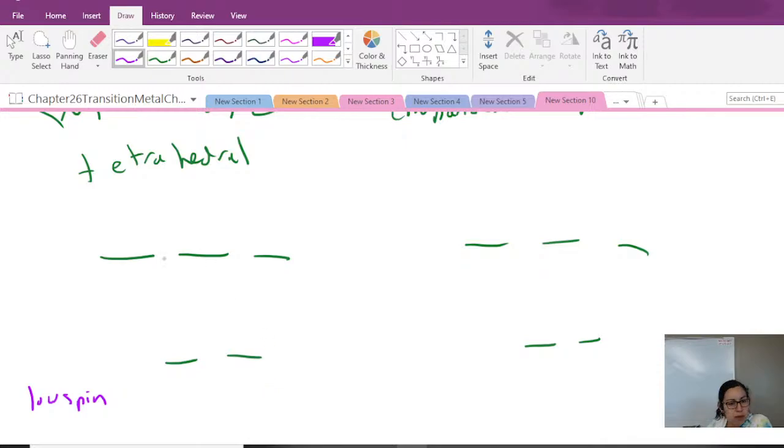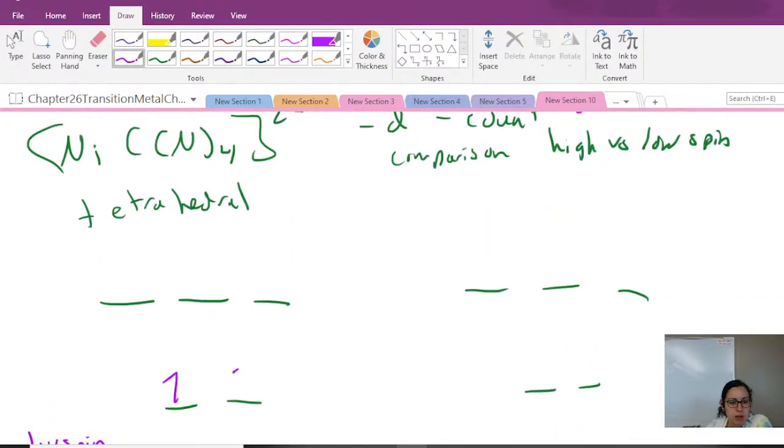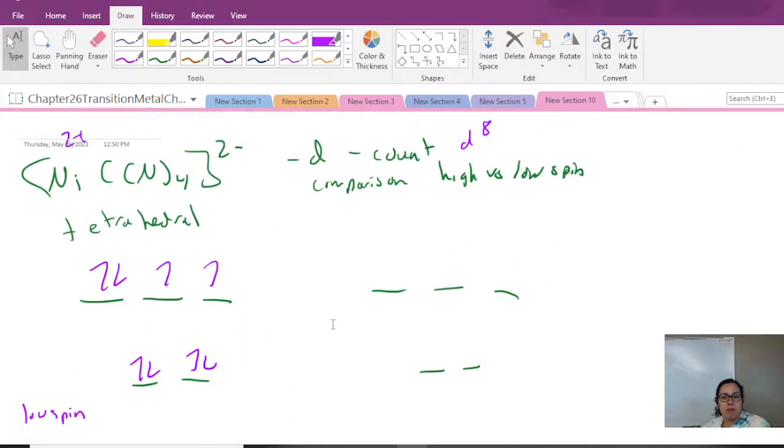I'll put low spin over here. Filling up 8: 1, 2, 3, 4, 5, 6, 7, 8. Versus a high spin compound: 1, 2, 3, 4, 5, 6, 7, 8.